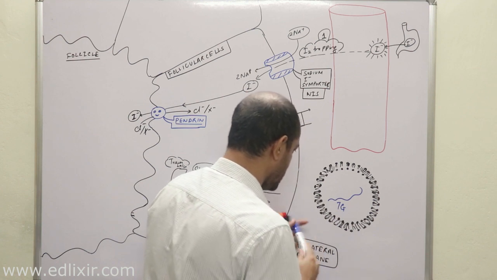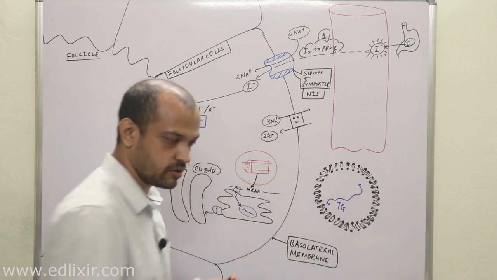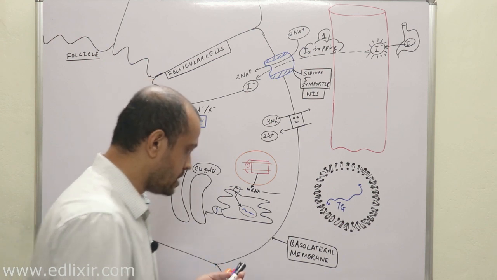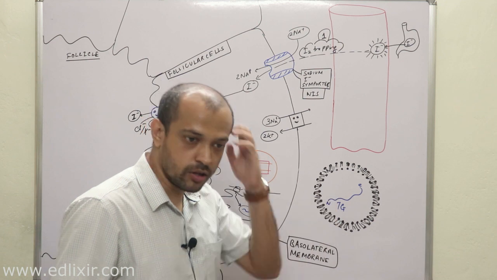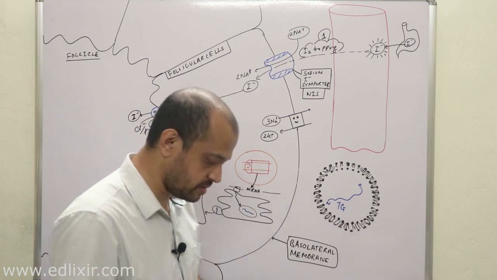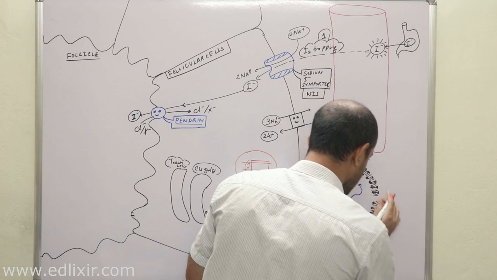So this is suppose the N terminal and C terminal of your thyroglobulin molecule.